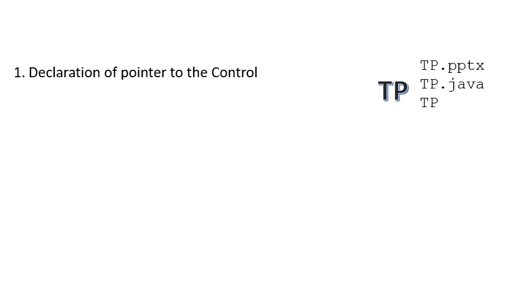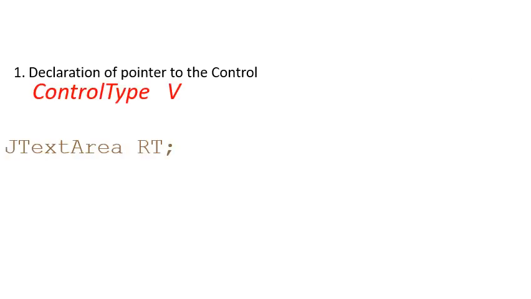The first step is this one. And this is the name of the multi-line text control in Java Swing. And for the old AWT, this is the name that we use.